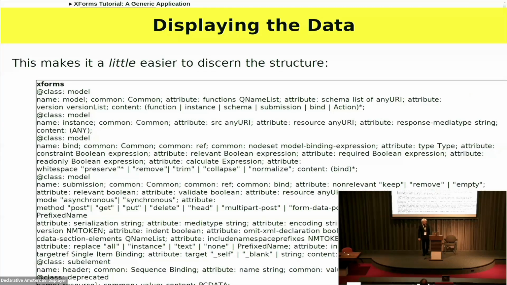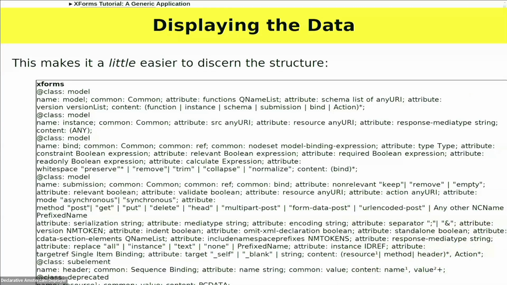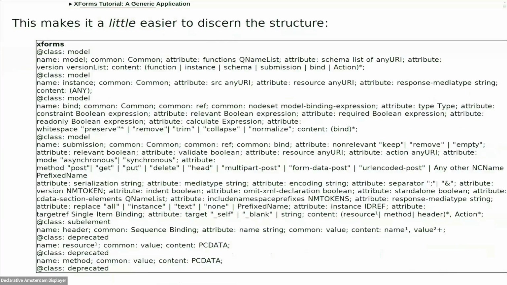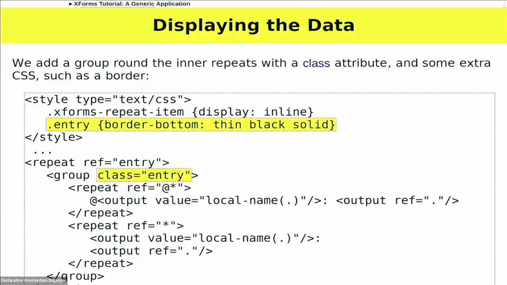Now, this makes it a little bit easier to discern the structure. What you'll see is now that we have a repeat over the attributes, so you have the class just on one line, and then we have a repeat over the elements, and so those all turn up on a single line. It's a little easier to discern the structure, but what we're now going to do is, for every entry, and we're going to put within the repeat over the entry elements, we're going to add a class there.